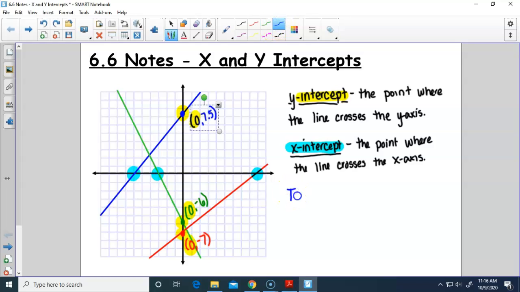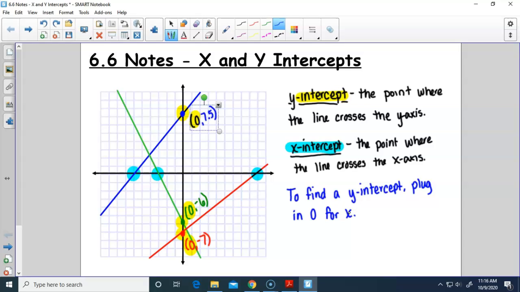To find a y-intercept, plug in 0 for x. If we plug in 0 for x, it will give us the y-intercept. We also can solve the equation for y and use y equals mx plus b, but in some cases, this will be easier to do.